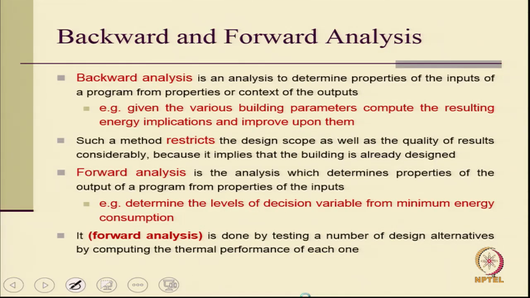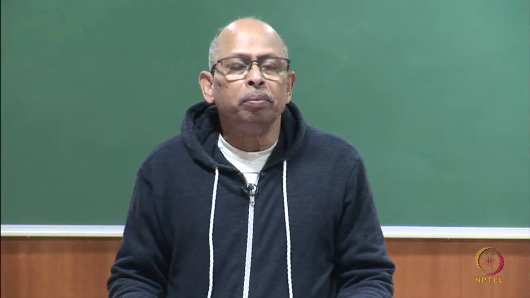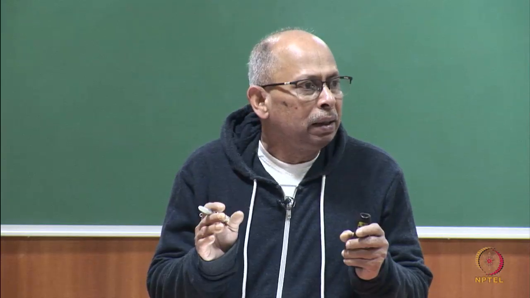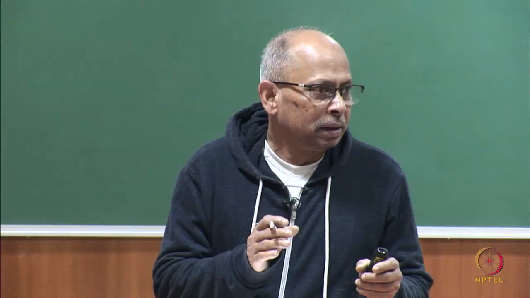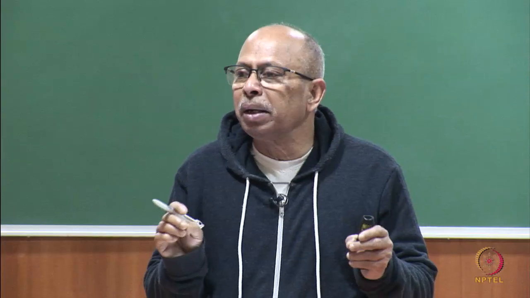Now, in the design process, there is something we call backward analysis and something we call forward analysis. Now, what is backward analysis? Backward analysis is the analysis to determine the properties of the inputs of a program from properties of the output. What I mean to say is, you have already made a design, then you analyze to find out how the decision variables are performing.